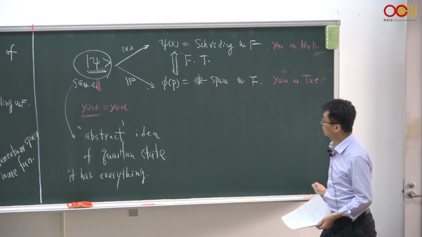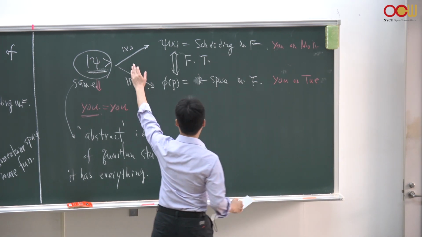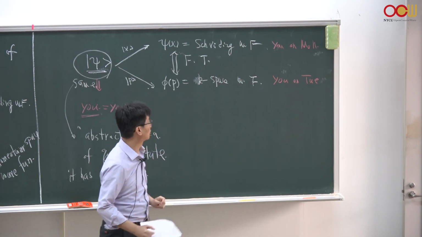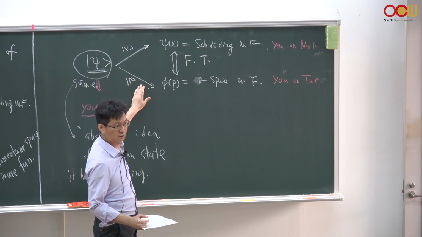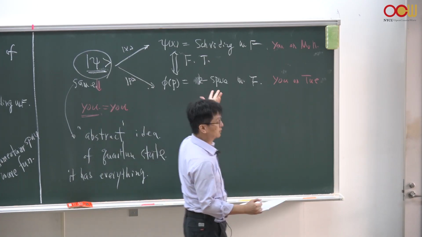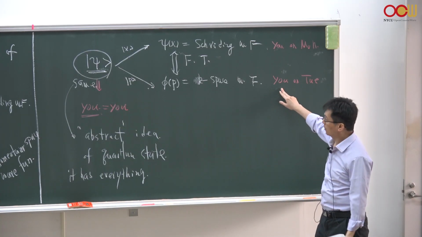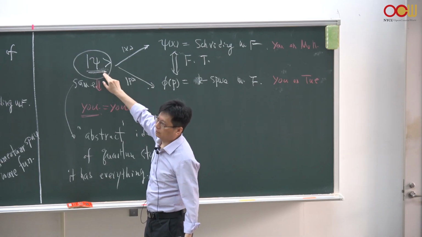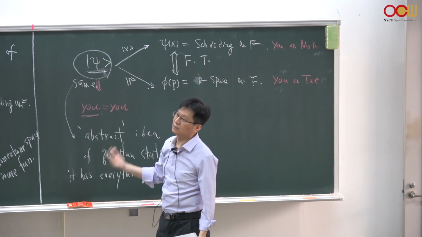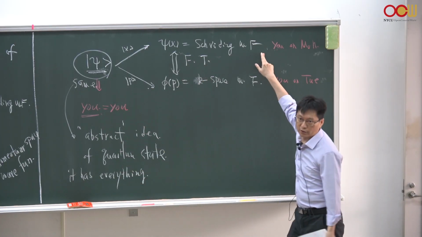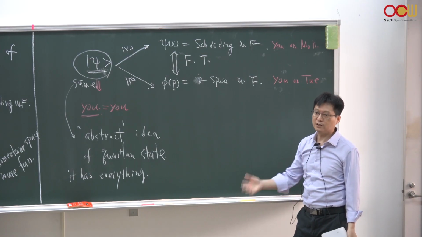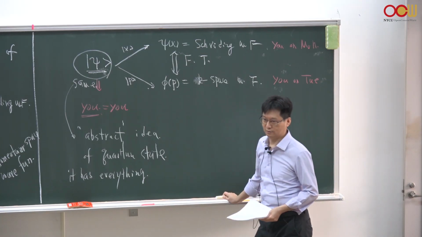If you map onto the real space, it will look like the Schrödinger wave function. But if you project psi onto momentum space, it is phi of p, the momentum space wave function. But this psi, as an abstract idea of a quantum state, has all the information of the Schrödinger wave function and also the momentum space wave function. It is waiting for you to do the projection.